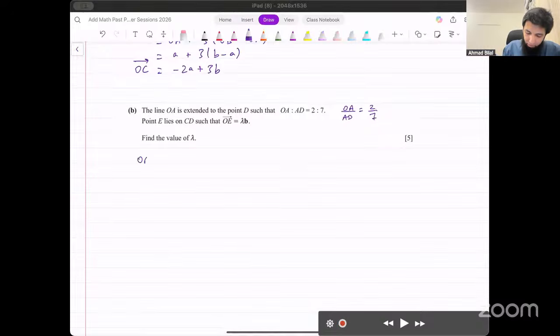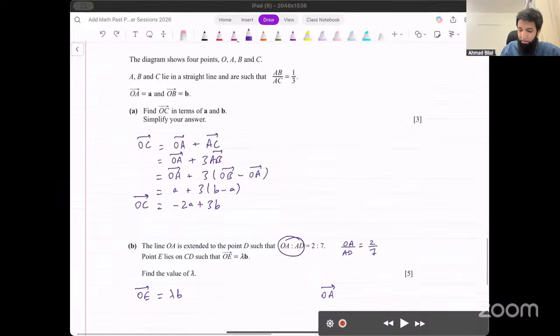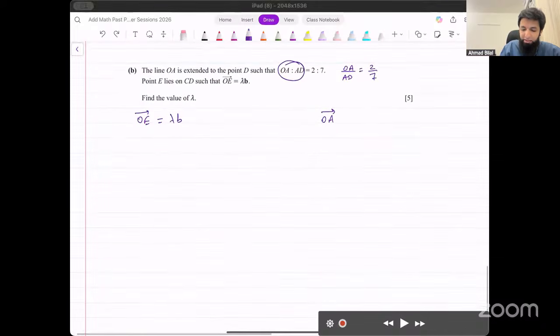OE vector is lambda times B. That is one thing that we're given. We have this ratio. If we write it like this, we could say OA. Since OA and AD are in the same direction, if we have two parallel vectors and there's some ratio between their lengths, the ratio of their vectors is going to be the same as well.